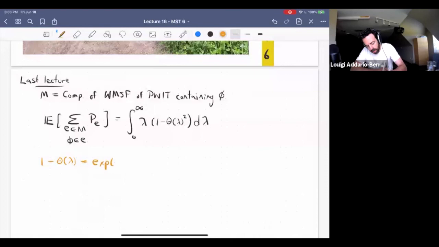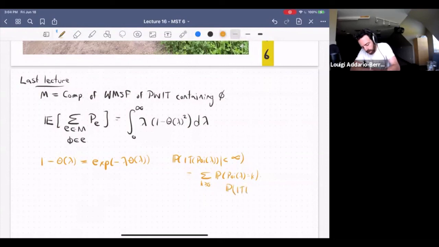So this satisfied the identity e to the minus lambda theta equals 1 minus theta, and that's just derived by doing the one-step calculation, saying the probability that this Poisson tree is finite, you can write as a sum over k of the probability that the root has k children, times, if it has k children, then for the tree to be finite, all of those children have to have finite subtrees, so you get this same probability to the power k.